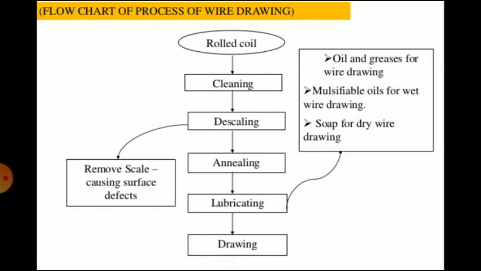Lubrication involves the oil and grease for wire drawing, the oils for wet wire drawing, soap for dry wire drawing, and descaling removes scale causing surface defects. So this is a process chart of the wire drawing operation.